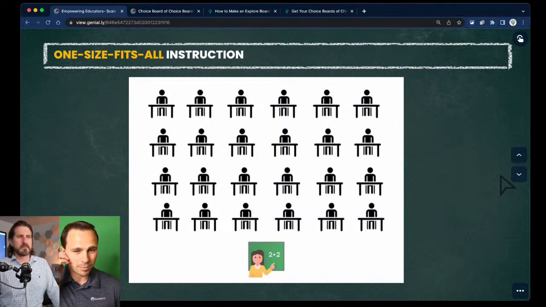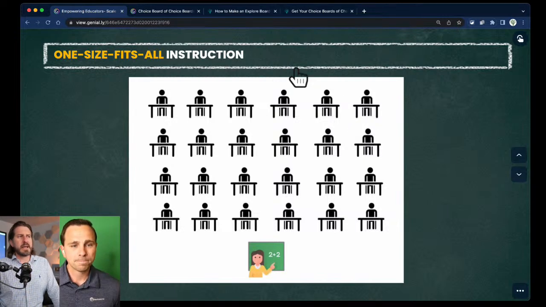It's just now you throw a laptop on every desk, and you're teaching everybody the same thing at the same time, but now with a laptop. So I think that is still relatively pervasive as an instructional model. And it's one that works for some kids some of the time, but it doesn't work for all kids all the time. So I think it's really important that we shift away from focusing on this approach.